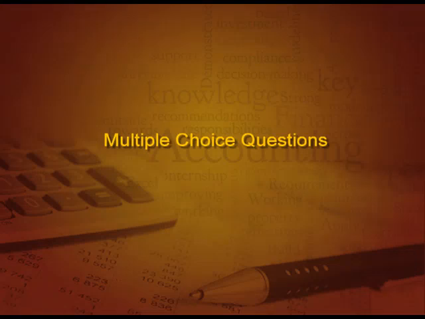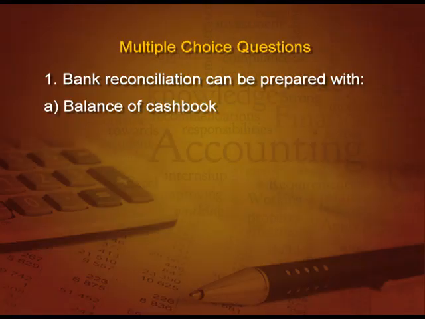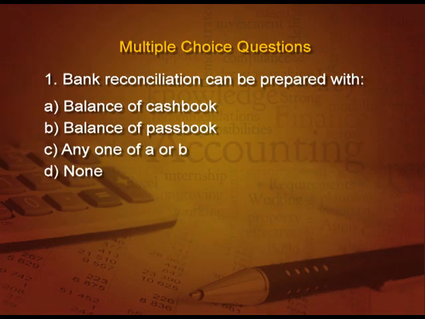Now, let us see some multiple choice questions. Question number 1, bank reconciliation can be prepared with A, balance of cash book, B, balance of passbook, C, any one of A or B, and D, none of these. Very simple. C part, you can start with anything.